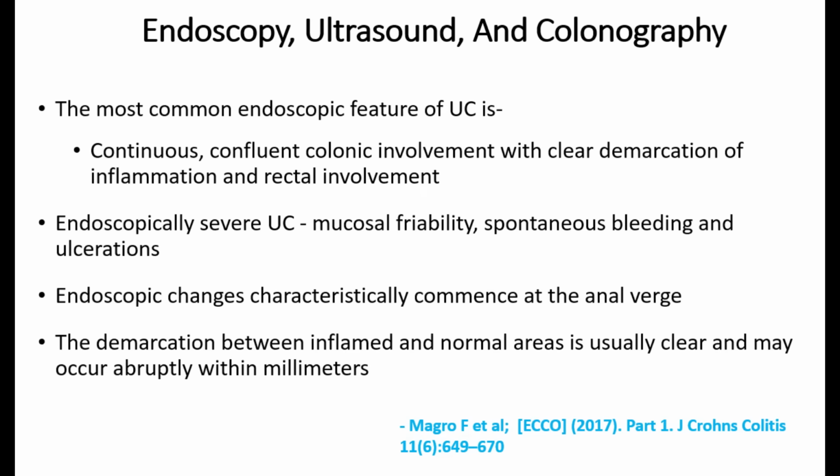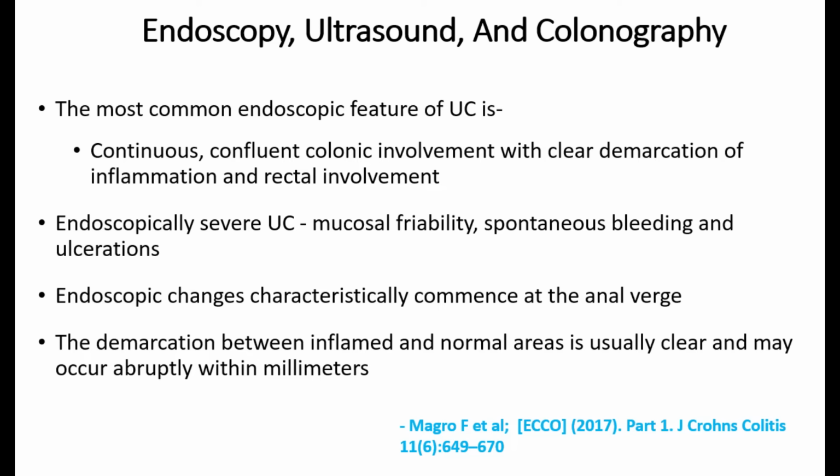Coming to the further workup in a case of ulcerative colitis, the most common endoscopic feature is continuous confluent colonic involvement with clear demarcation of inflammation, and rectal involvement. That is, there is an abrupt transition from inflamed to normal areas.